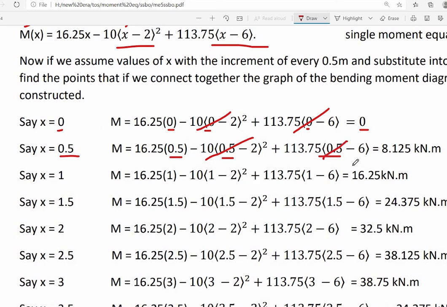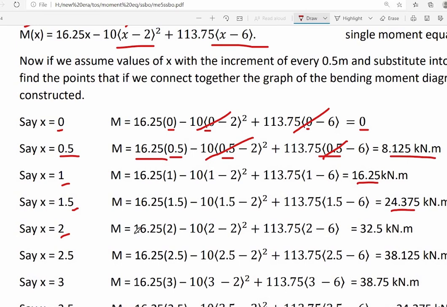At x equal to 0.5 meters, M is equal to 8.125 kilonewton meter, that is 16.25 multiplied by 0.5 meters. At x equal to 1 and x equal to 1.5, using the same arguments, we can solve for the values of M, that is equal to 16.25 and 24.375 kilonewton meter.